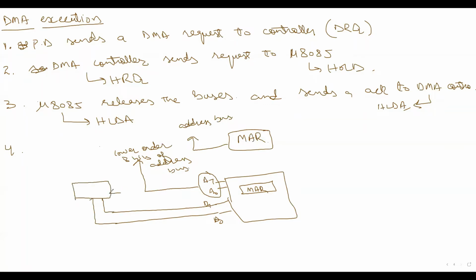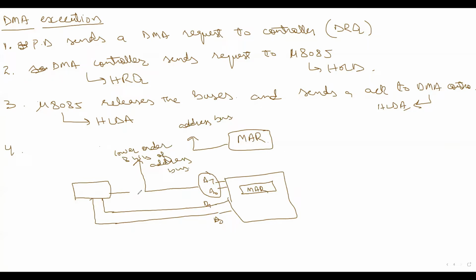This latch will have a signal, like we have in the microprocessor 8085, address latch enable. When that signal is 1, the data bus carries the address, and when it is 0, the data bus carries the data.